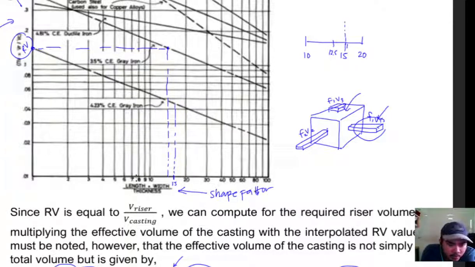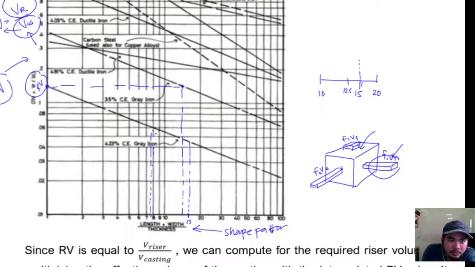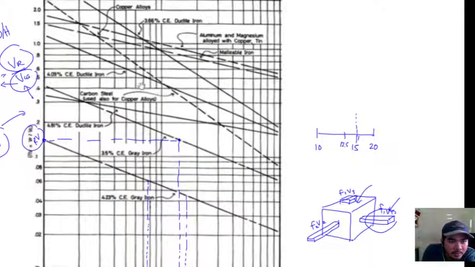So if it's 7.5, then it's somewhere dito. And I think this is gray cast lang ata yung ginamit niya dito. Gray cast iron. So, eto siya. 2.06. Ano bang ginamit? 0.575. Hindi, hanapin natin kung ano yung... mukhang eto ata.